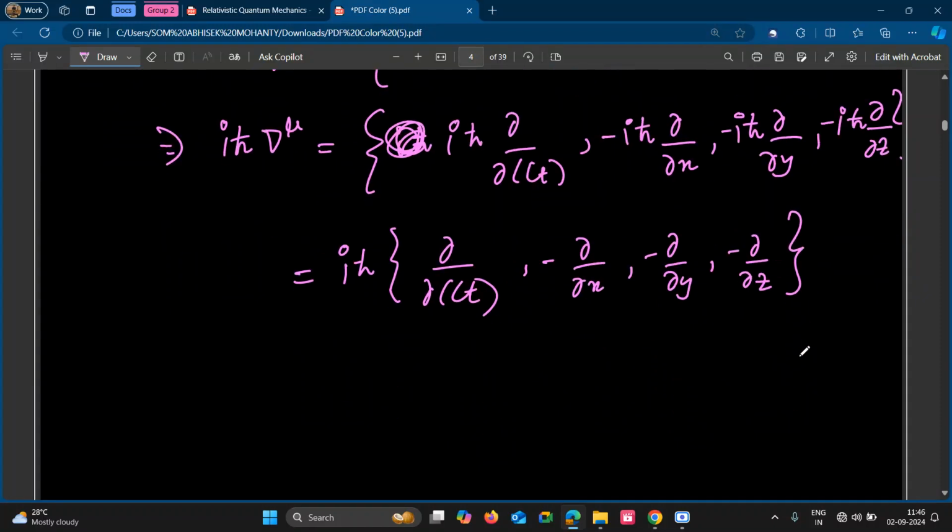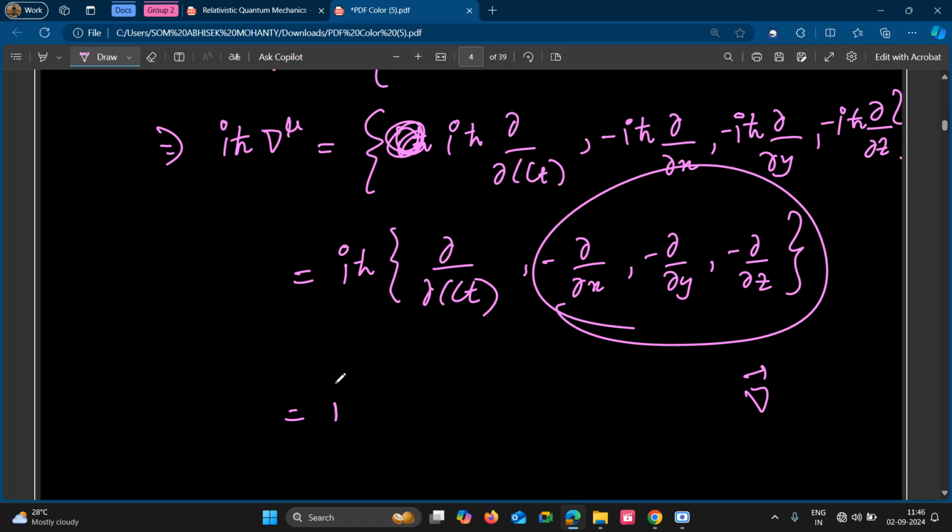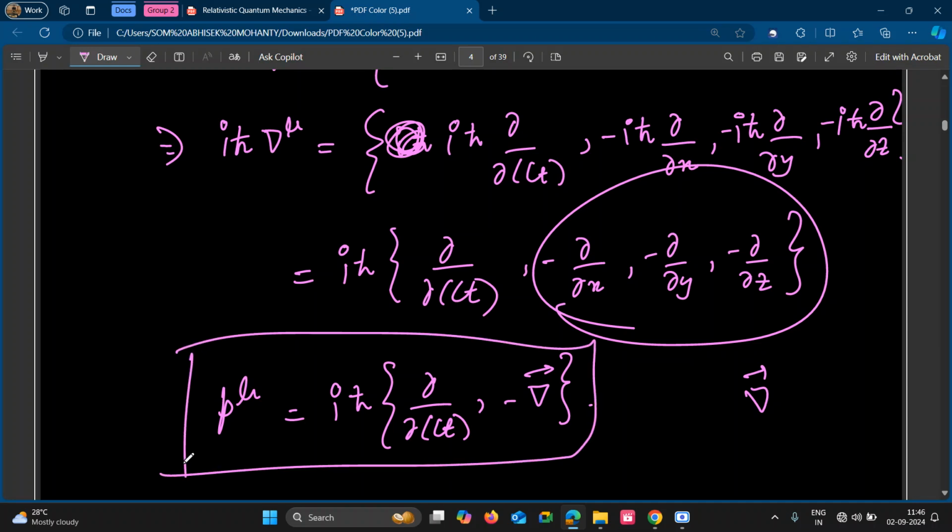I can write this thing as del. Is that all right? I hope you understood. Just write it down, absorb it a bit, then we'll move forward.